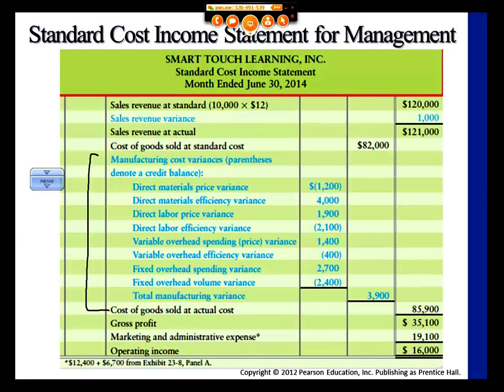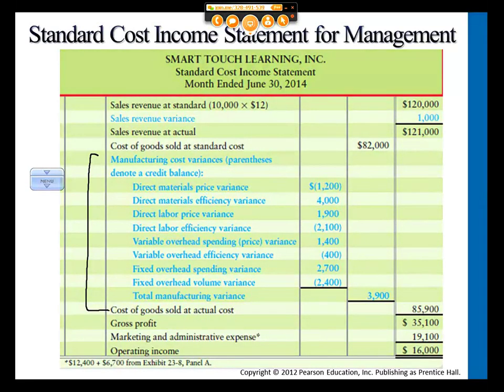So what do we know here? June's operating income is $3,900 lower than it could have been if all our actual manufacturing costs were just as standard, right? Were the same as standard.